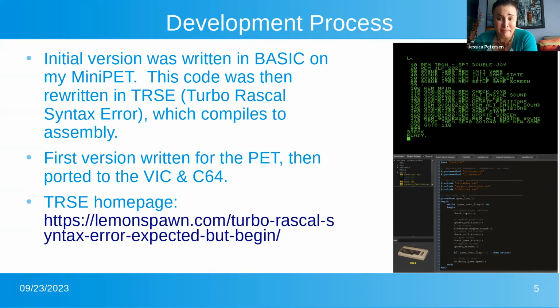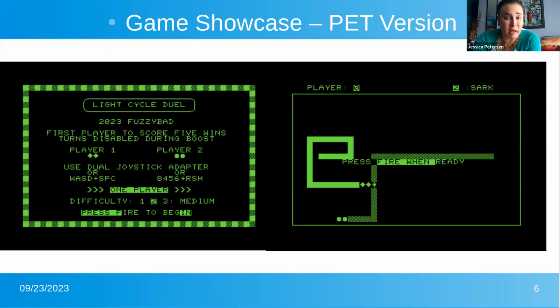So I rewrote the game in TRSE, and it was a lot of fun, to be honest. It was very easy to use this language, and I was able to get it done in a pretty short amount of time.